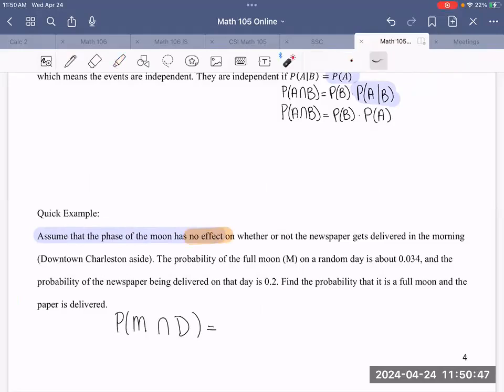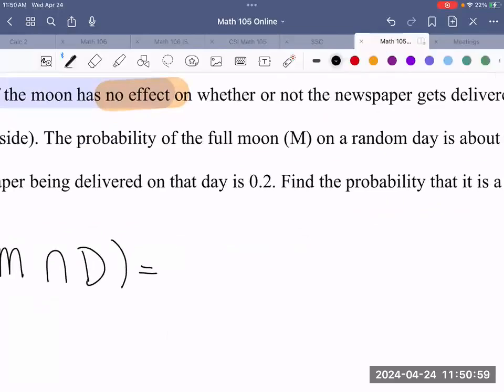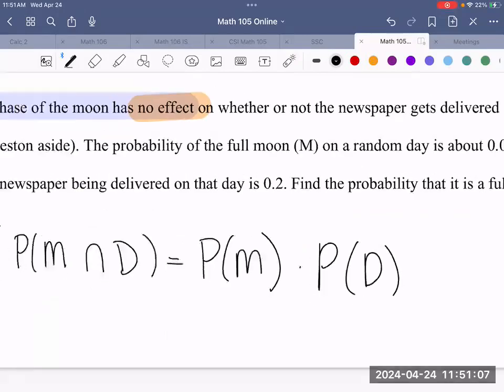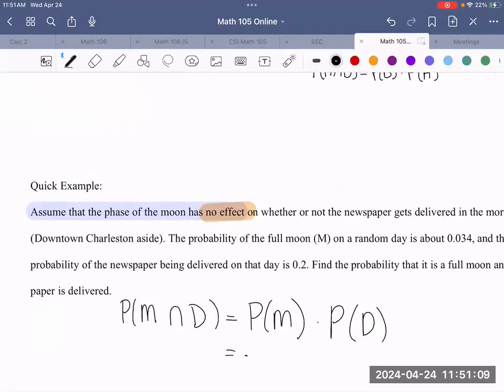So when we go to find your 'and' aspect, we're just going to multiply the probability of the moon phase times the probability of delivery: 0.034 times 0.2.